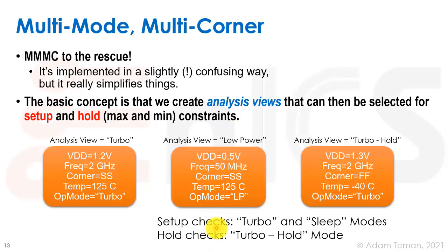So we can basically give a list of all the modes that we want to check for setup, all the modes we want to check for hold, and the tool will know how to go and run static timing analysis on all of them and perform optimization on all of them. It's not exactly concurrently, but semi-concurrently. It will try to find the best solution that will meet all of these different constraints that we give it without having to go and manually load and unload these things.